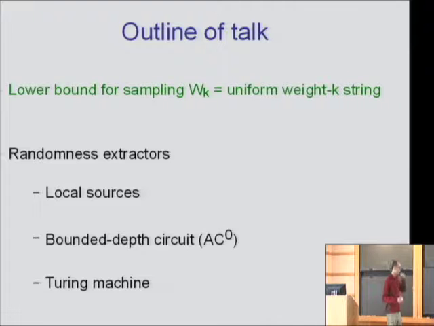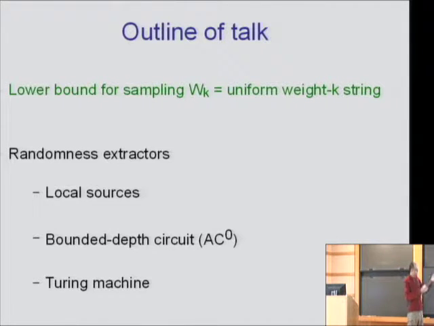All right, so here's my plan for this talk. I want to spend a few minutes on the lower bound for sampling a specific distribution, W sub k, that I mentioned before. And then I want to discuss a connection with randomness extractors.